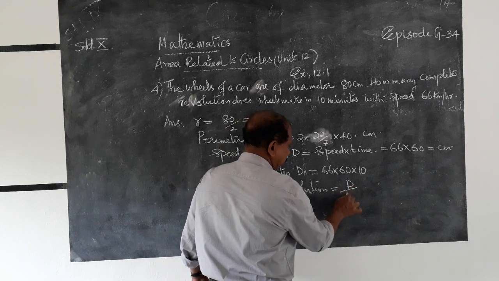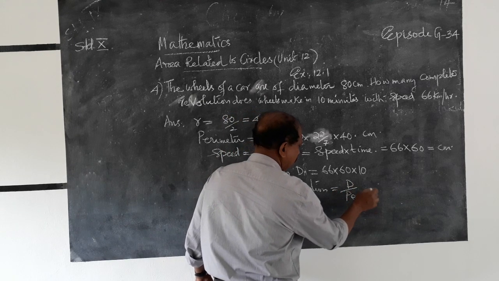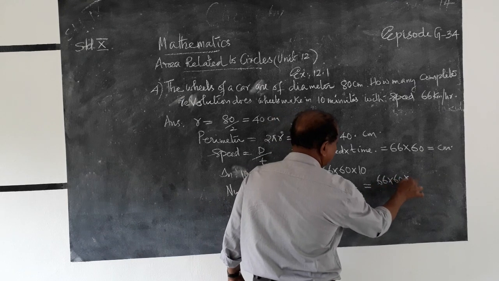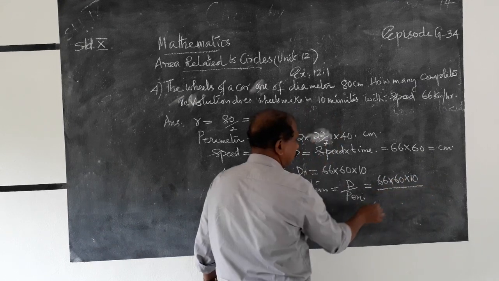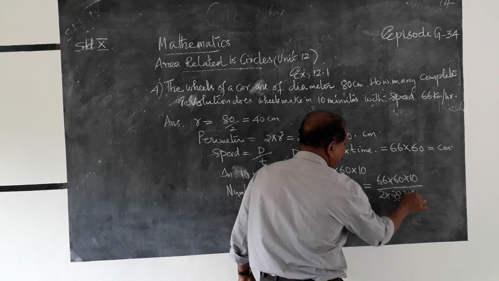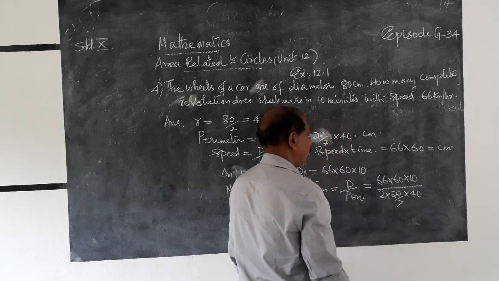That is, distance by perimeter is equal to 66 into 60 into 10 by the perimeter, 2 into 22 by 7 into 40.